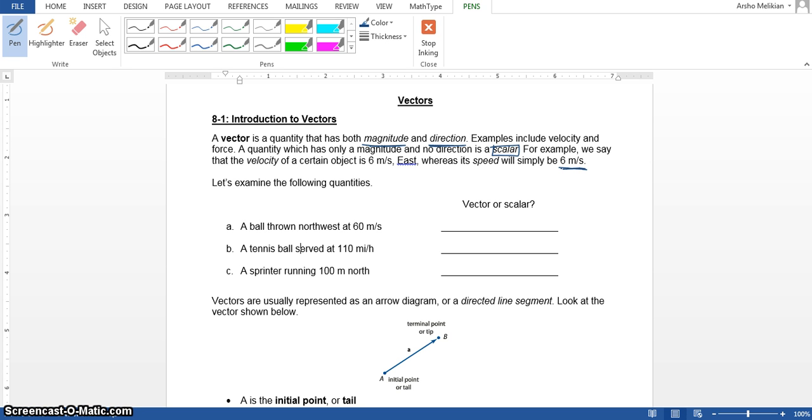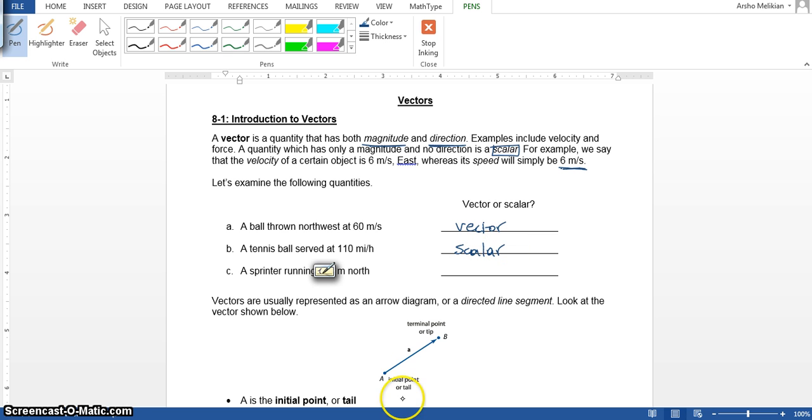So let's move down here and see if each of these are vector or scalar quantities. The first one is a ball thrown northwest at 60 meters per second. This is a vector. A tennis ball served at 110 miles an hour. Scalar.